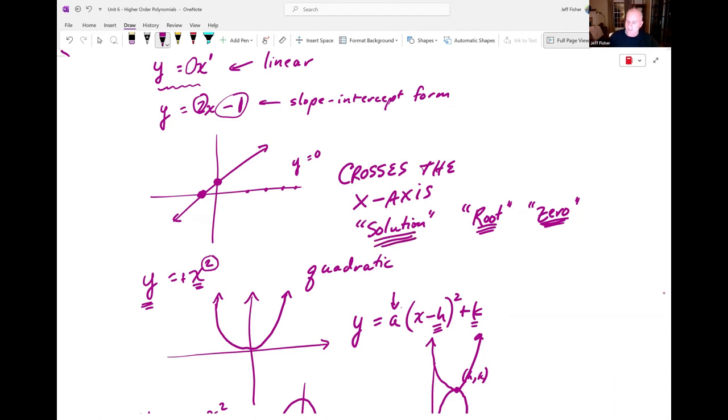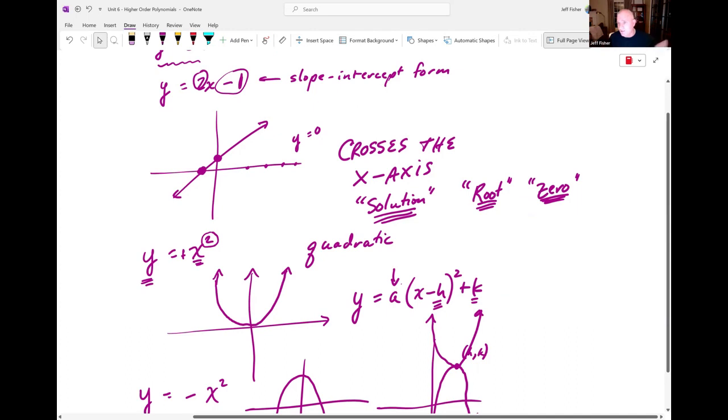And this is true regardless of what kind of function we have, whether it's linear, whether it's quadratic, or what we're going to get into today, these higher order polynomials that are even greater than the squared term, like we might have a cubic term or x to the fourth or x to the fifth or x to the sixth.